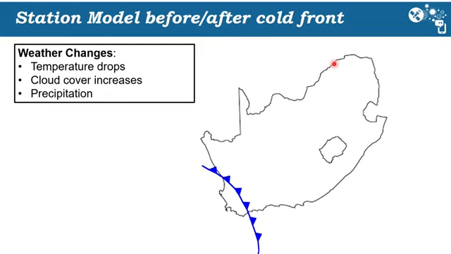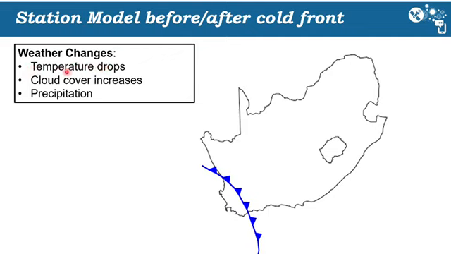Now, you also have to know and to be able to explain the weather conditions that we experience before a cold front moves over an area and after a cold front has moved over the area. As I explained in the previous slide, if you were standing here where this red dot is now, and the cold front passes over you so that you're now over here behind the cold front, what you will experience is that the temperature will drop.